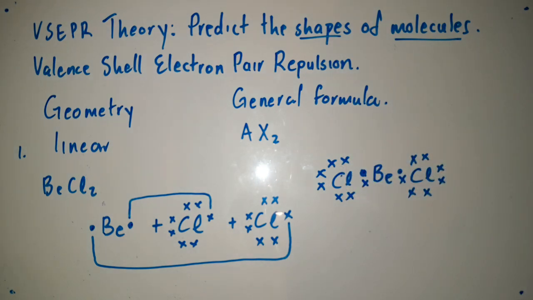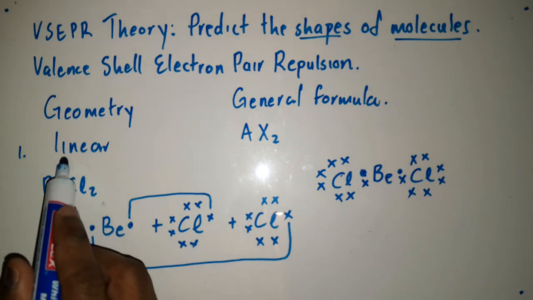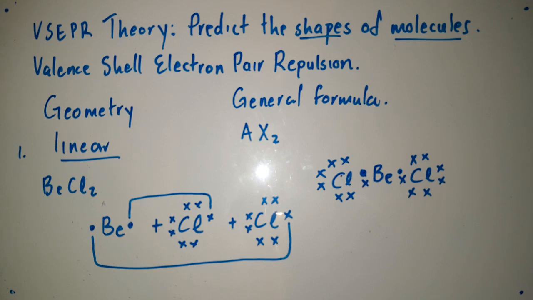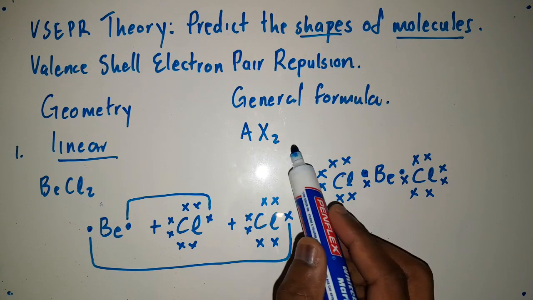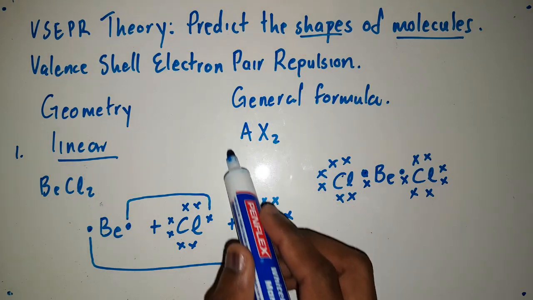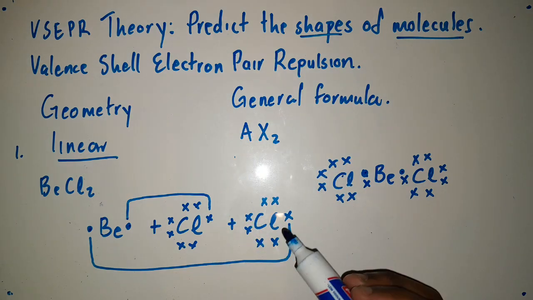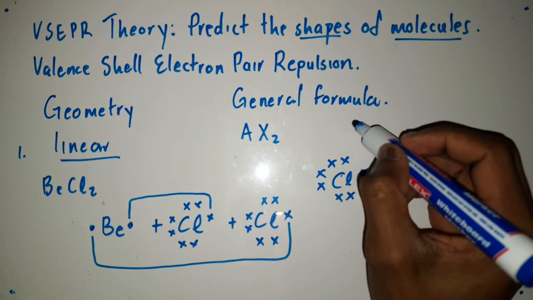Then the geometrical structure of beryllium chloride will be what now? It will be regarded as linear. Because if we were to draw a structural formula of this given general formula, it will be like this.